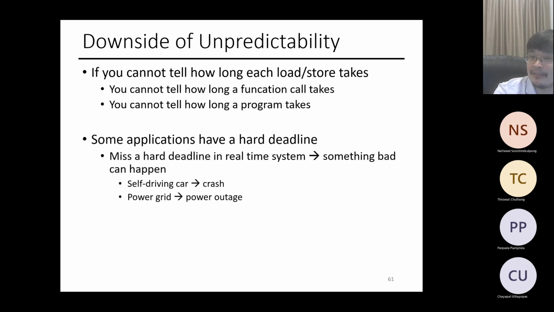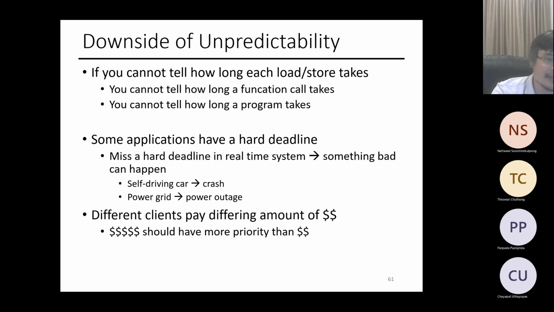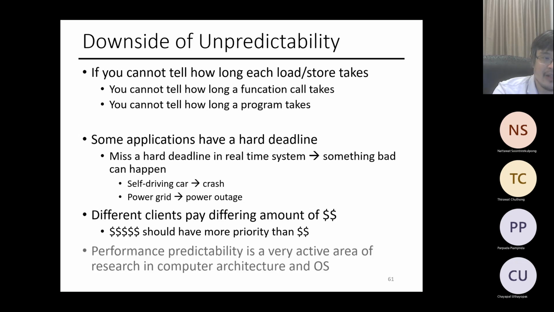And some applications do have a hard deadline, like a self-driving car, right? You cannot process certain things within some unit of time, you might have a car crash, right? The other thing is sometimes you have clients that pay a lot more money in the cloud, right, to guarantee a certain amount of performance. So you might want to make sure that you have predictable performance.